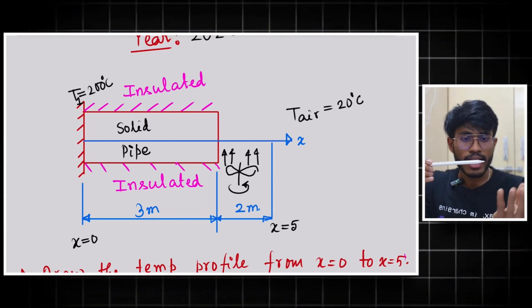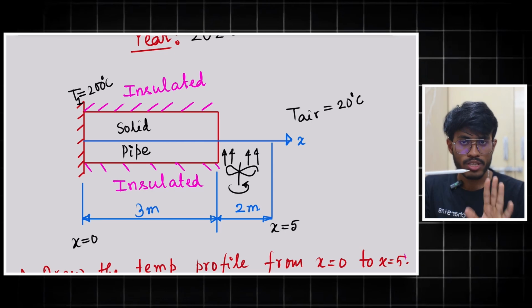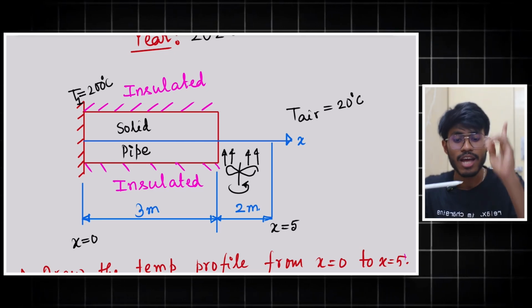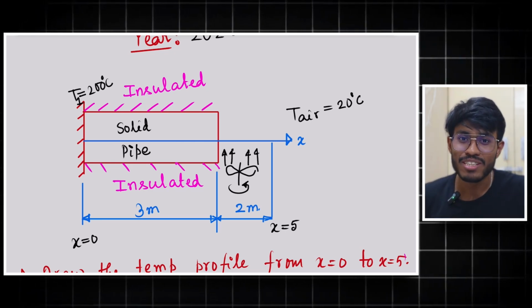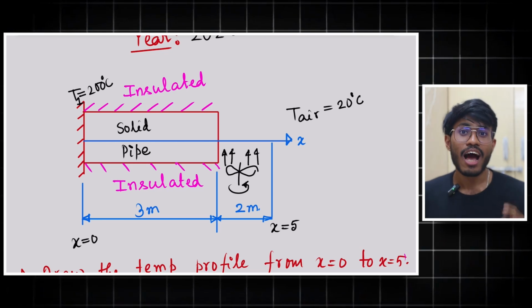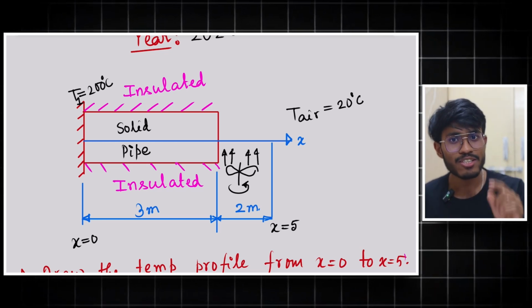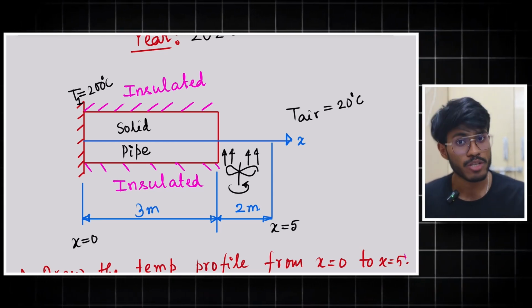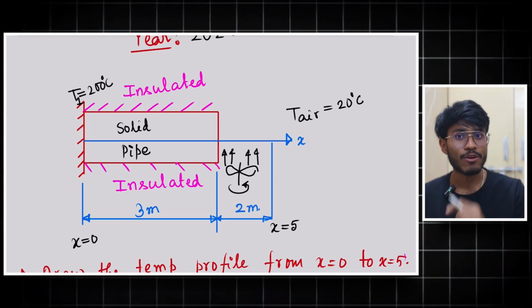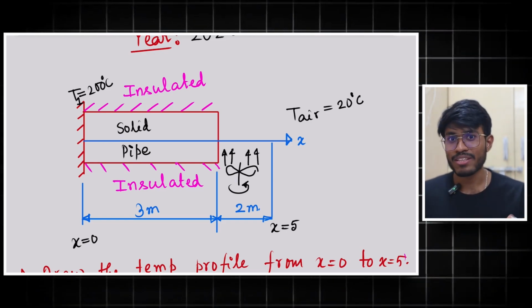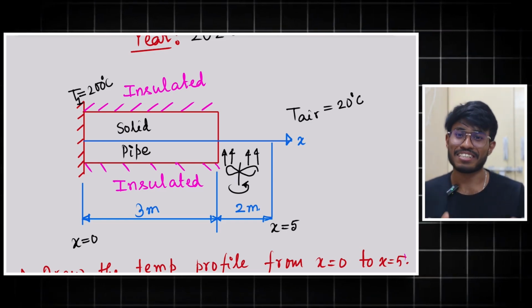So this is the bar, and here I have a fan which is blowing air in this direction. Now you have to draw the temperature profile for this. I will post the answer very soon in the YouTube community post. Before that, you have to answer this because this can be the bar question this year.